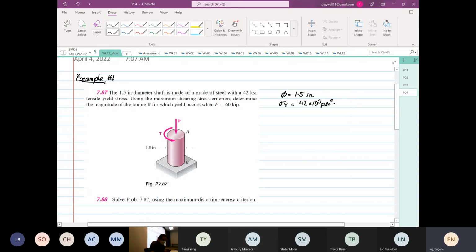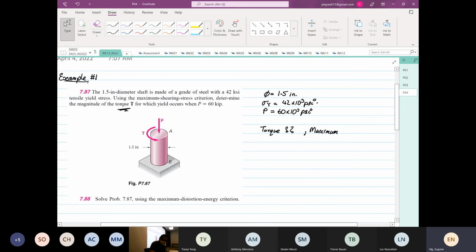So using the maximum shear stress criteria, determine the magnitude of the torque for which the P, the axial load, is equal to 60 times 10 to the power 3 PSI. So we have to determine the torque. For this question, they want us to use maximum shear stress.